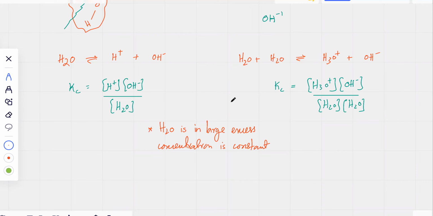So that one is taken as 1. So you don't have to write water. It's a constant, so you just remove it from the expression. That is what you did in Kc. If something is a constant, you just don't write it in the expression. There's no point writing it in the expression. Is this point clear? Yes, sir.